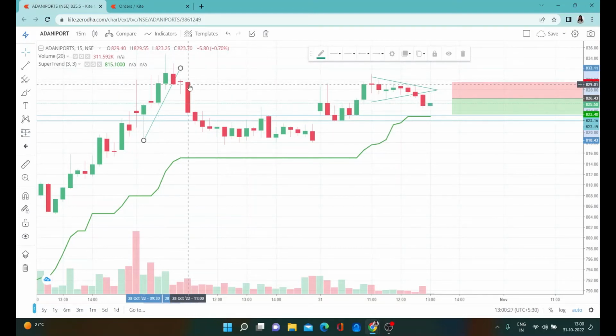So you could have taken an entry at this level, which is 828.9, and your target would be somewhere over here, right? This is a support area, if you understand. Forget about this chart.